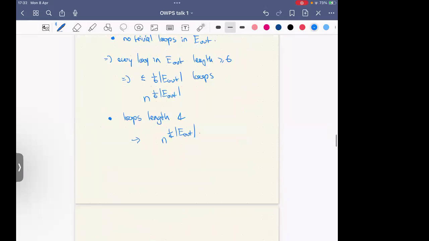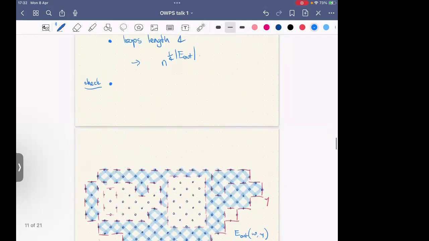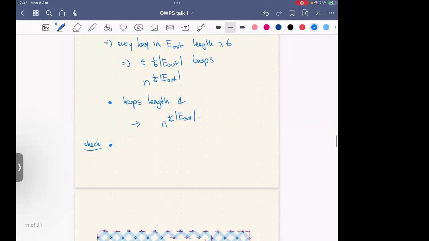Okay, so we need to just check that E out does contain no trivial loops, and well, it doesn't, but it might. So there are no trivial loops which are really in the bulk of the interior of gamma, which are containing E out.